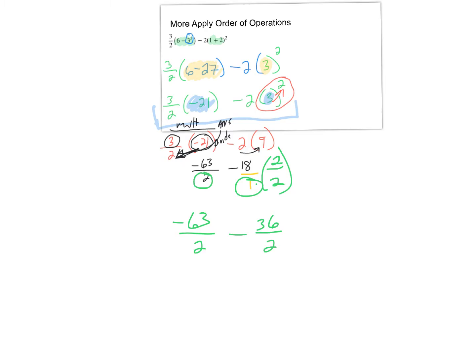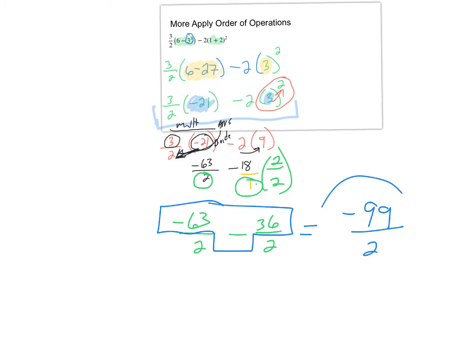And now that we're set, we can go across the tops here. So 36 and 63, that's going to be negative 99 over 2. Now, depending on your teacher, I think these are okay. So that would be the answer I would accept.